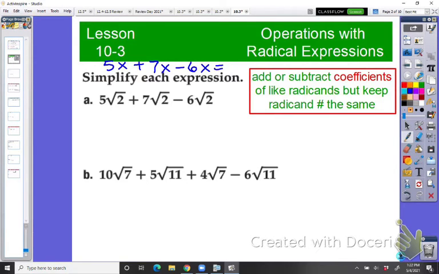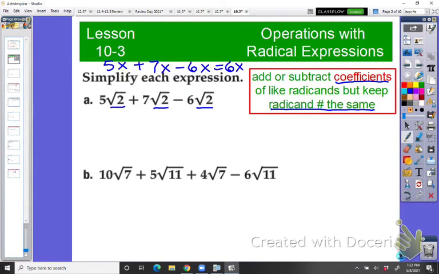This would equal 6x. The variable stayed the same. We just looked at the coefficients in the front. We're going to do the same thing with radicals when we are adding and subtracting them. So you add or subtract the coefficients, but you keep the radicand number the same, meaning the number underneath the radical stays the same. So I have all root 2's here, so they're all common radical numbers.